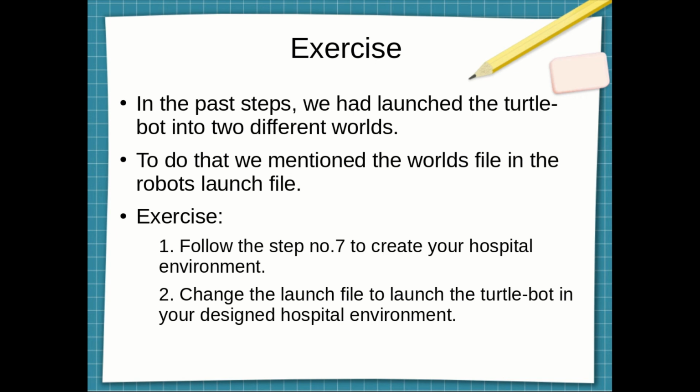In order to launch the Turtlebot in these two worlds, we mentioned the world file in the robot's launch file. I mean, we had a line which described the world, like empty_world.launch and everything like that. It was something like this, and you should find it.